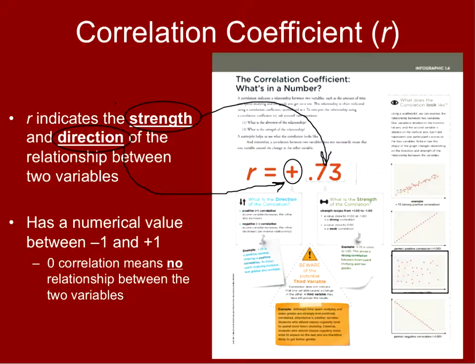Okay, I'm going to give you a sample scenario here. You're going to have these correlation coefficients: positive 0.16, negative 0.81, positive 3.93 and negative 0.43. Which of those is the strongest correlation coefficient?